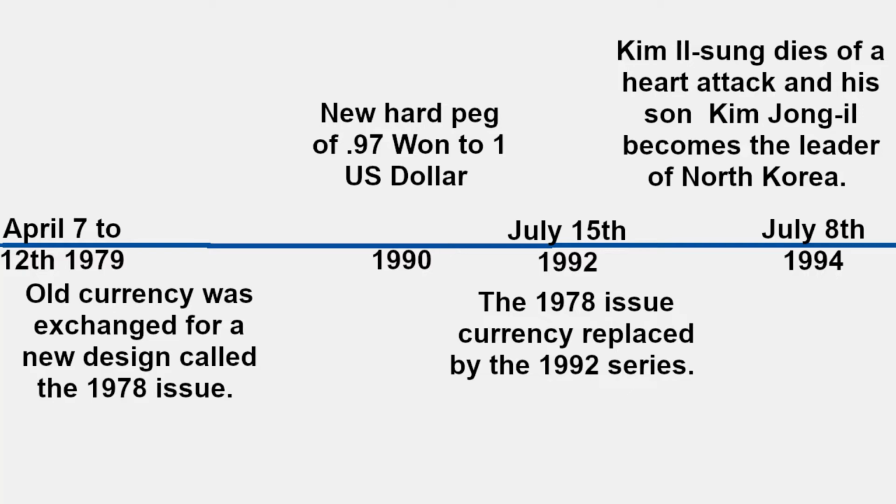So in 1992, they came out with another currency. They redesigned again. I think a big issue here is counterfeiting. So they were having issues with counterfeiting. And so they changed it 1-to-1 with the new rate.